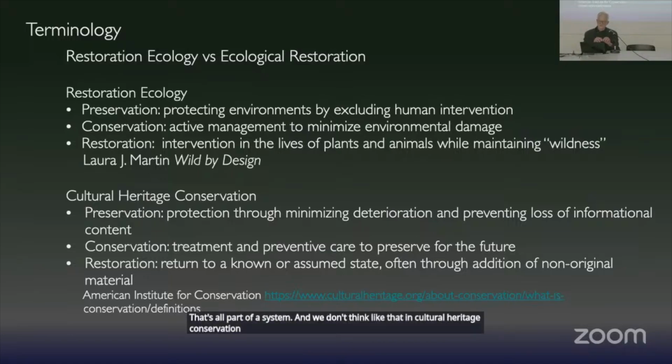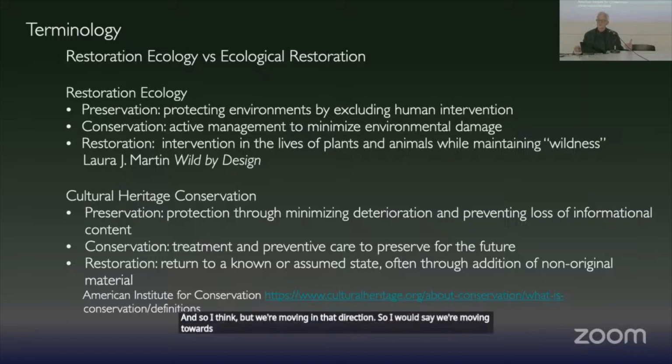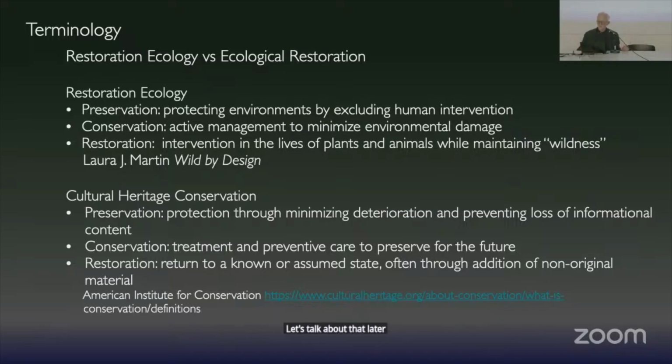We're thinking of the object. Should we clean it, repair it, restore it? We're not thinking necessarily of the people associated with the objects, the use of the object, the environment that it's in, the context. But we're moving in that direction. So I would say we're moving towards a definition that's much more similar to the way it's used in restoration ecology. Let's talk about that later. I'm going to move on.